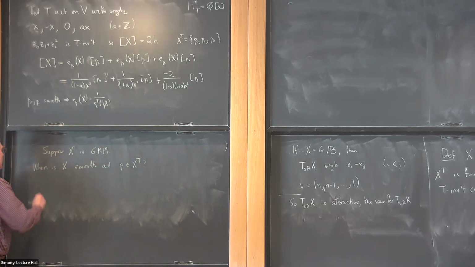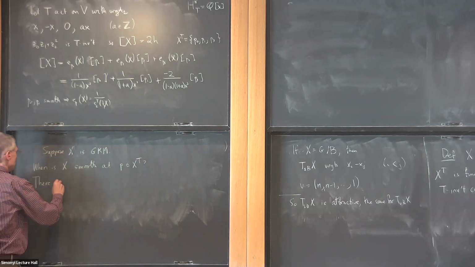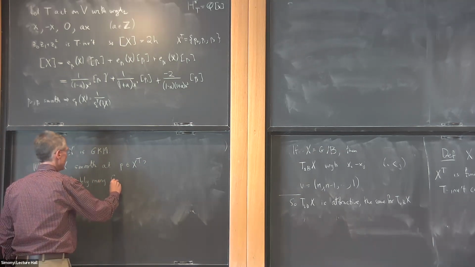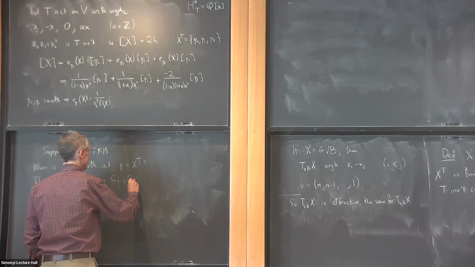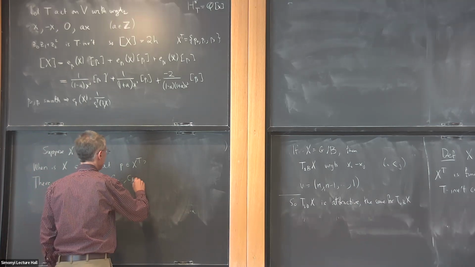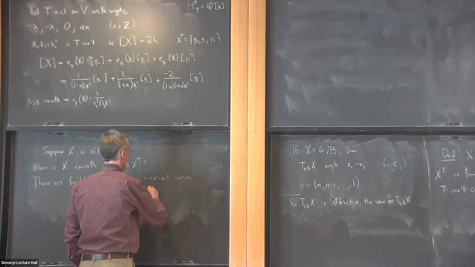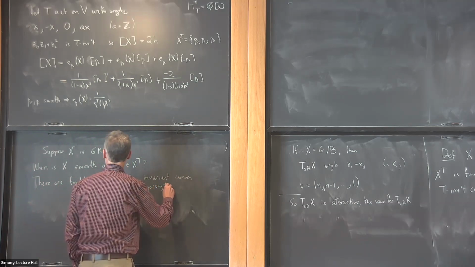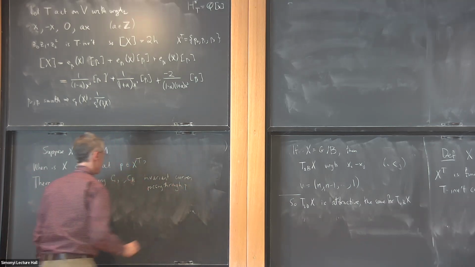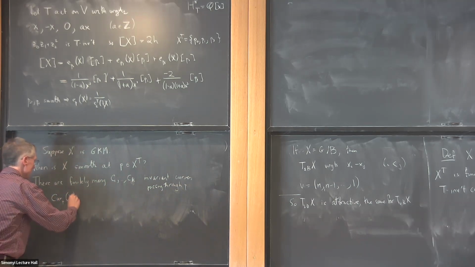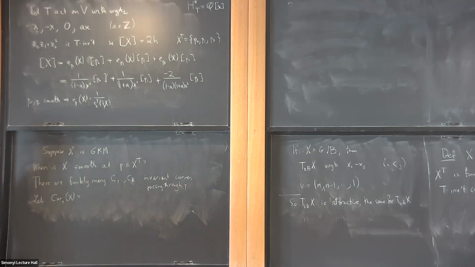There are only finitely many T-invariant curves passing through P. So there are finitely many invariant curves C_1 to C_k passing through P. Let's let Curv_P(X) be the set of weights of these T-invariant curves.